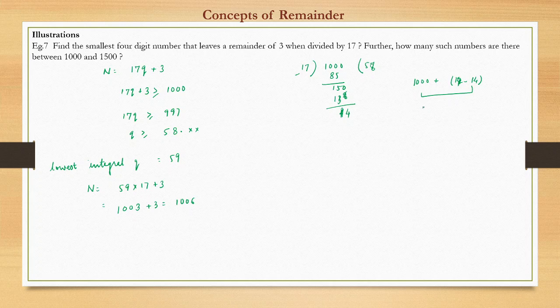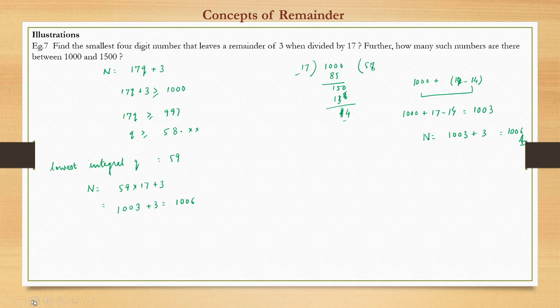So the smallest 4-digit number which is divisible by 17 would be nothing but 1000 plus 17 minus 14. So this way we will get the smallest 4-digit number divisible by 17. But we don't want the smallest 4-digit number divisible by 17; rather, there should be a remainder of 3. So that number would be nothing but 1003, plus 3 as a remainder we will add. So 1006. This is the answer. This way also we can solve.